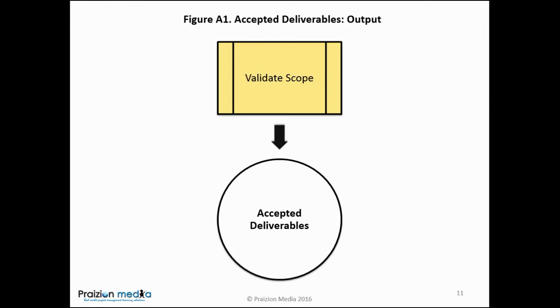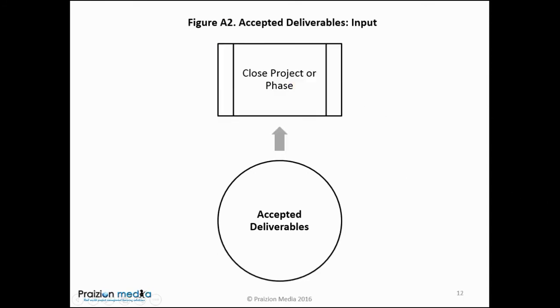You see, to every input or output, the question of where did you come from and where are you going needs to be asked. So we can see accepted deliverables comes from validate scope, but look here, it is going to a process called close project or phase as an input. And this is figure A2 on the next page.